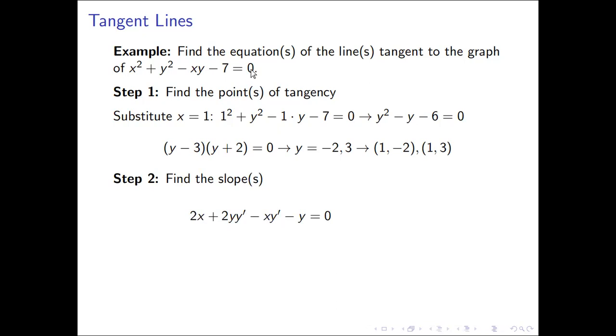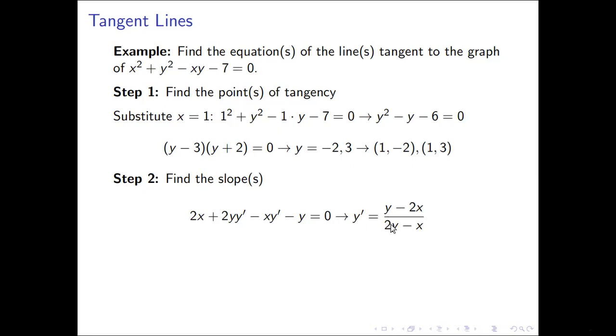We did not just copy the 0, we differentiated the 0, although the derivative of a constant is also 0. If this were a 1 or a 2 or any other number, it would also have been a 0 here. Now we can solve for y prime the usual way. Just verify that if you collect y prime on one side, factor out, and divide, you'll get this expression for y prime.